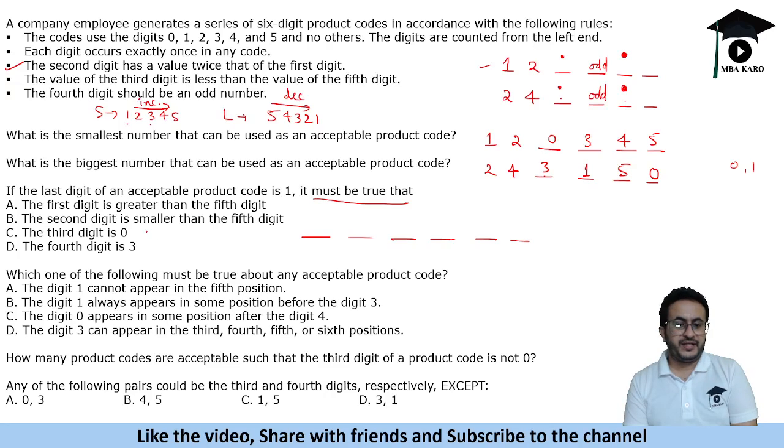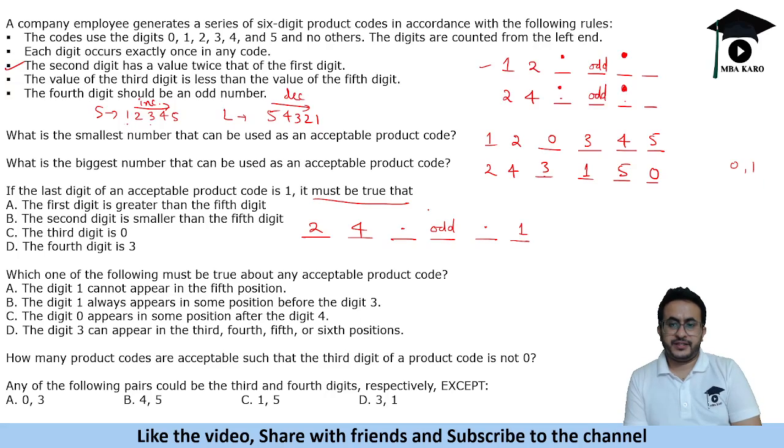Now it says that the last digit is 1. So that means the first two digits are going to be 2 and 4. Then this digit is smaller than this digit, and this has to be an odd digit.